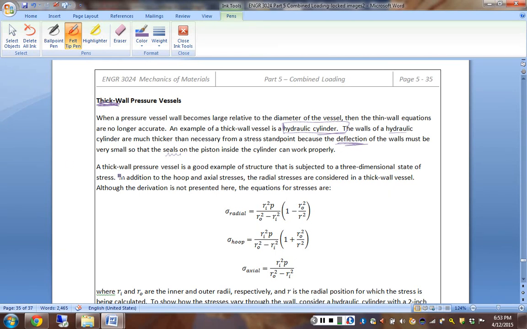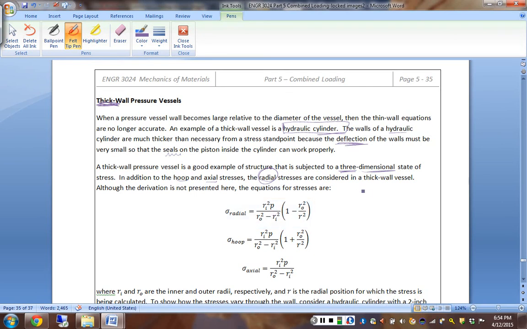So, this is the first and only case in this class where we are actually going to consider a three-dimensional stress state. We are going to have the hoop and axial stress, like we've dealt with before, but now we're also going to consider this radial stress that happens in the thickness direction.